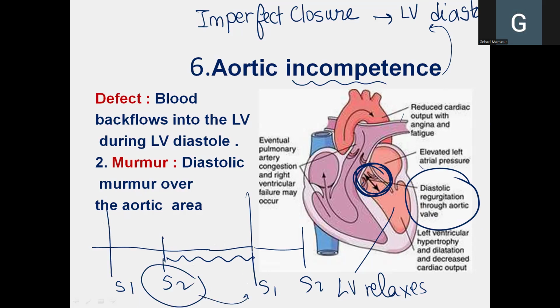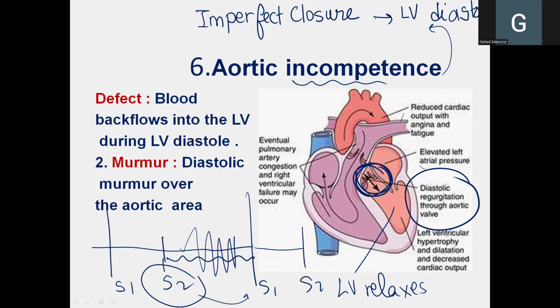Then this imperfect closure will result in a murmur in the middle of diastole, and that murmur represents the backflow of blood from the left atrium to the left ventricle during diastole.